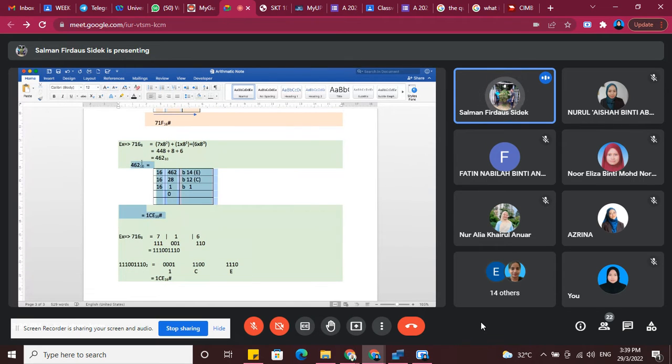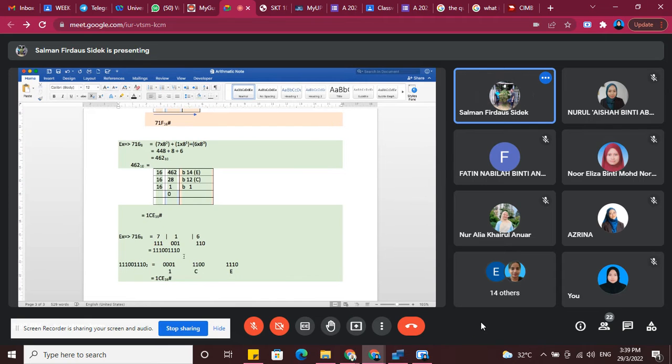Okay, the first technique here, your friend change octal to decimal and decimal to hexa. For this one, from octal to binary and binary to hexa. You can also from octal change to binary, from binary to decimal, from decimal to hexa. Boleh juga. Or maybe from octal to binary, binary to hexa.